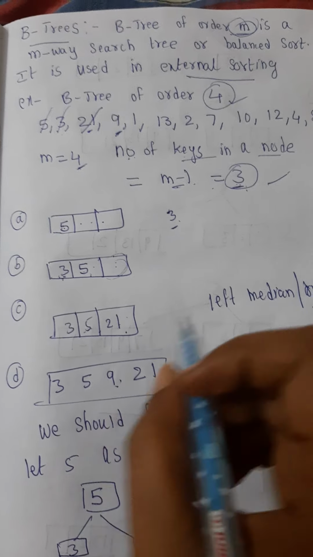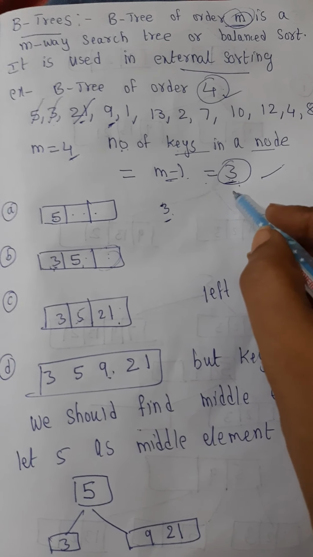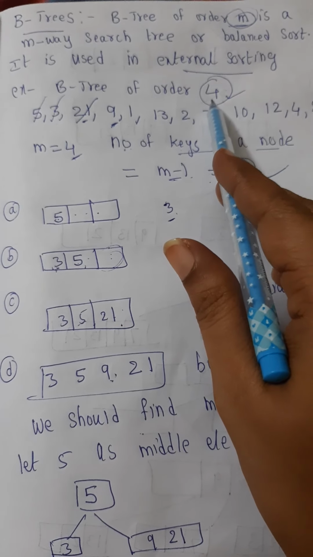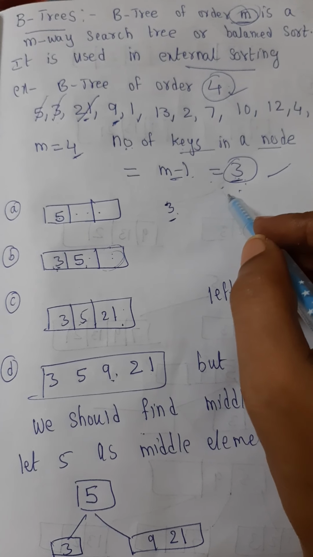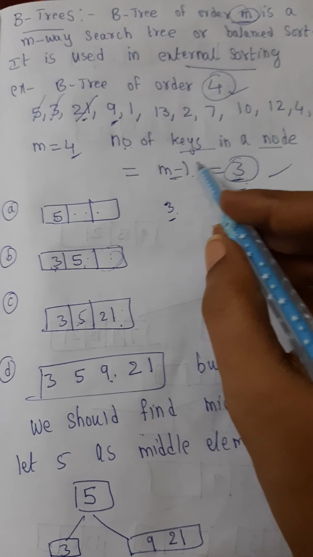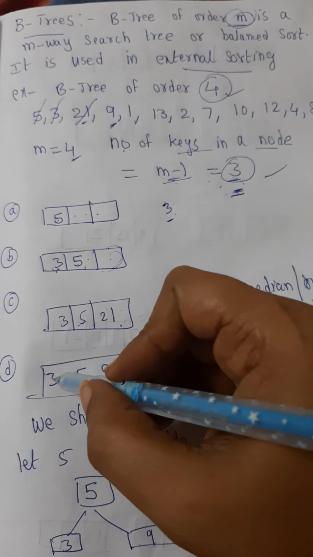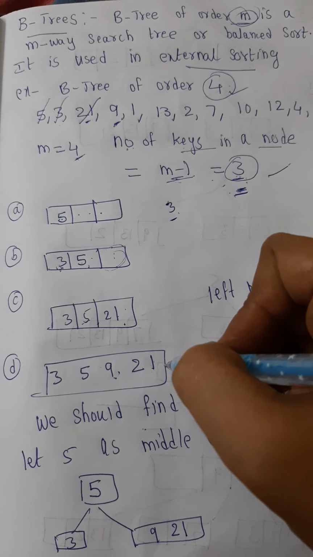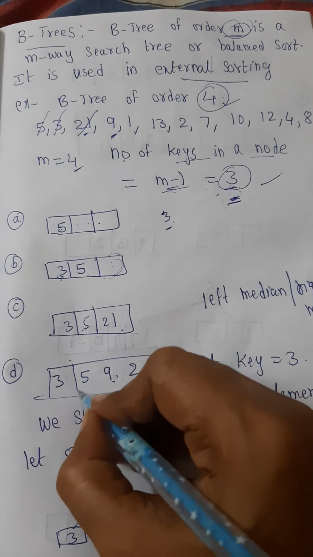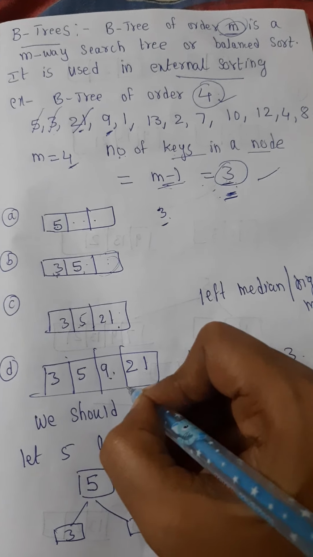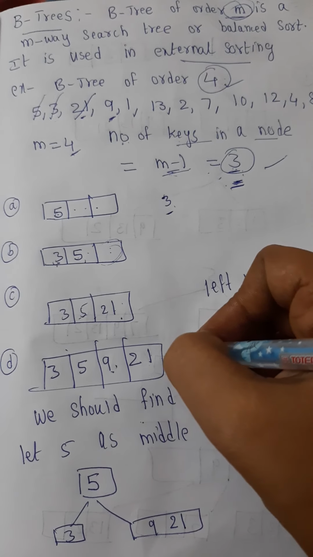So I am writing it here. But here we have a property: it is of order 4, and order 4 means only M minus 1 values can be accommodated. How many values do we have here? 4 values. It cannot accommodate 4.